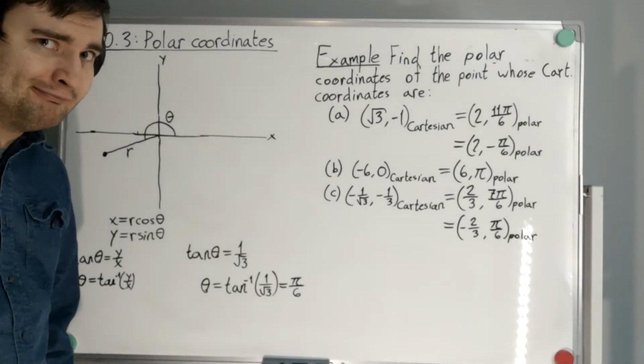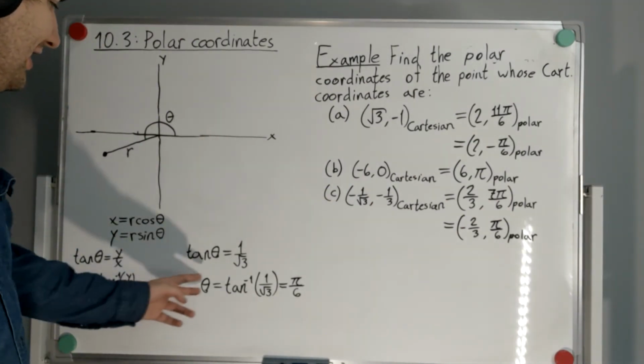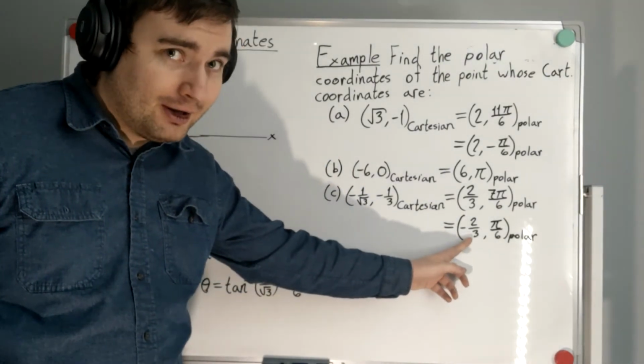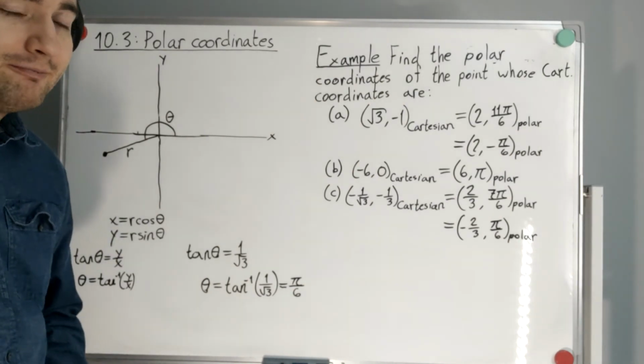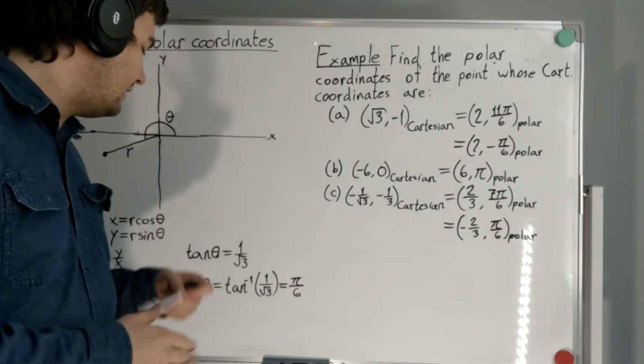Which is wrong. Okay, it's right if you're taking r to be negative, but if you're taking r to be positive, that's not right at all. Okay, so you need to be very careful of this.